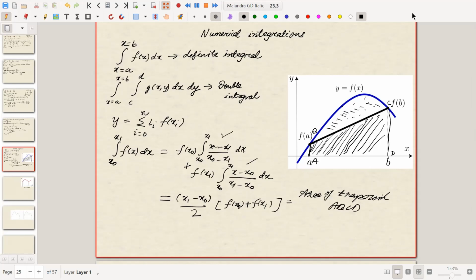The error of all this we'll skip for now because it is a bit more critical, but it's up to you. If you want me to cover the errors, I can. But I can just say that it is a third order error, like this will be plus order of h cube.